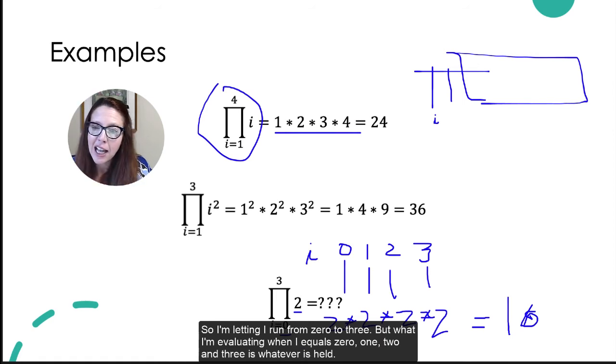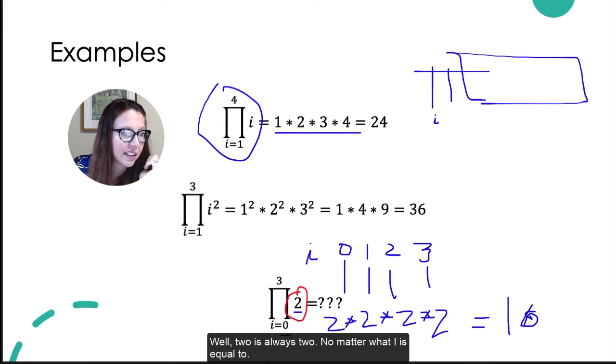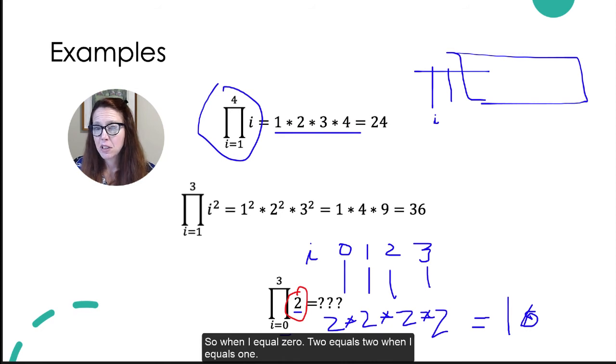So I'm letting i run from 0 to 3, but what I'm evaluating when i equals 0, 1, 2, and 3 is whatever is held here. I'm going to change the color of that because I have a lot going on. What is evaluated is whatever is held here. Well, 2 is always 2, no matter what i is equal to. So when i equals 0, 2 equals 2.